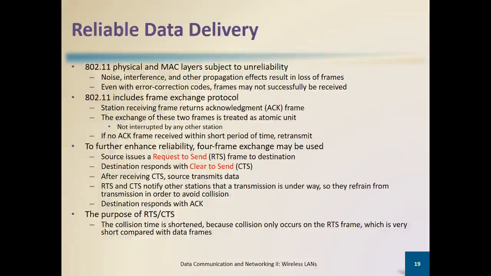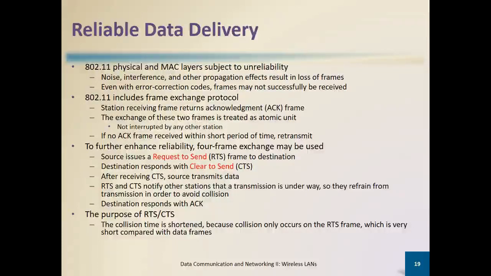And obviously, the destination has to acknowledge after the frame has been received at the destination end. The general purpose of your RTS and CTS is to avoid collision. The collision time is shortened because collision only occurs on the request to send frames, which are very short compared to the data frame itself.